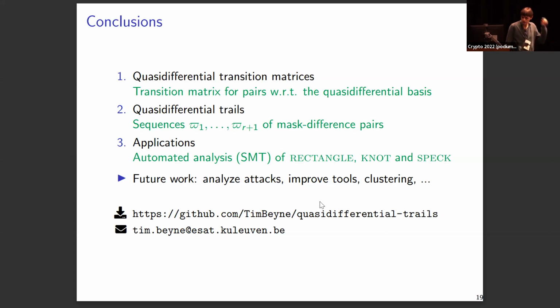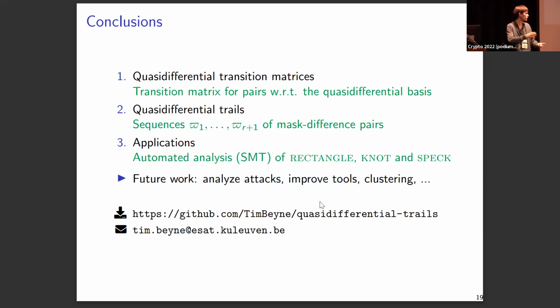So in the paper, there's an analysis of the original characteristic that's used in the attack by Biham and Shamir. It was known there that there is a quite significant effect of the key. There are actually two characteristics used in the final attack on DES to compensate for that, and you can explain that with just one quasi-differential trail, which is local to one round.